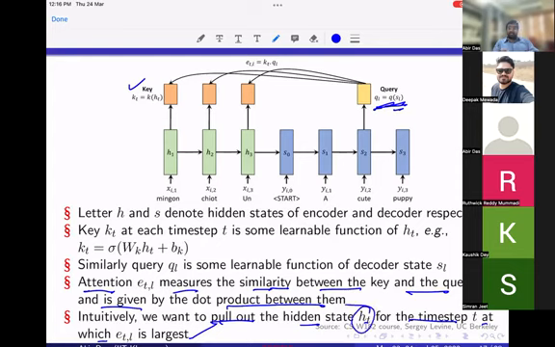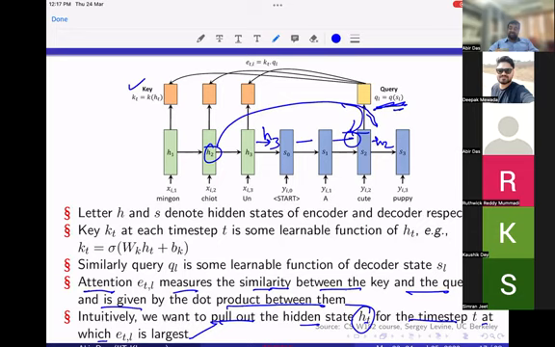So instead of always sending this H3, or a function of H3, which say is a linear function followed by sigmoid here and a linear function followed by sigmoid here of this last H3, that was ultimately used here to get this H2, right? But now what it is saying is that we will not only rely on this, but also rely on the most relevant H. So this will directly go here.